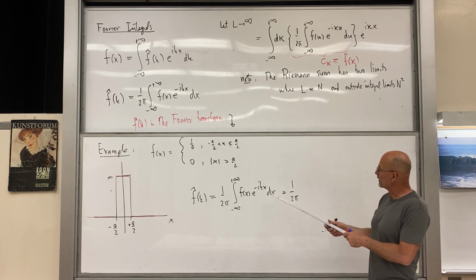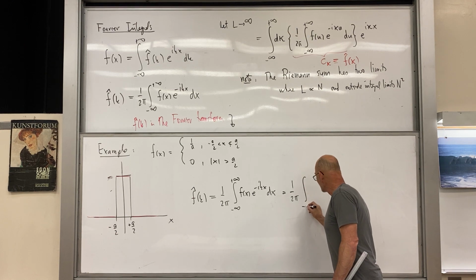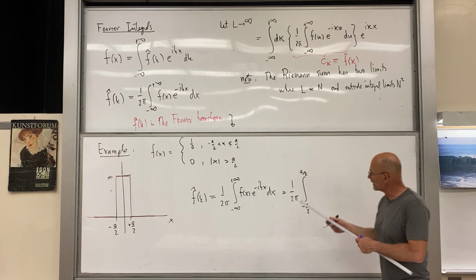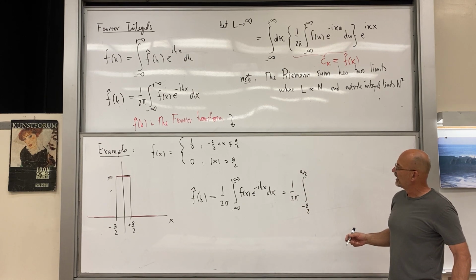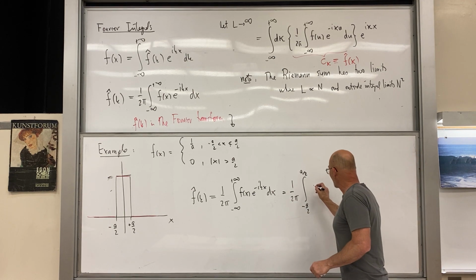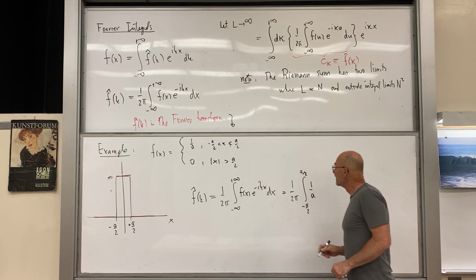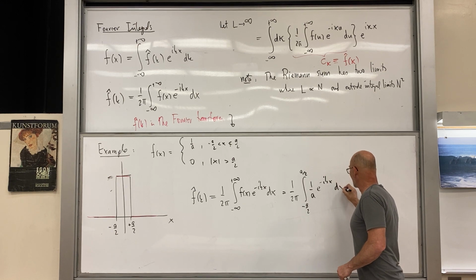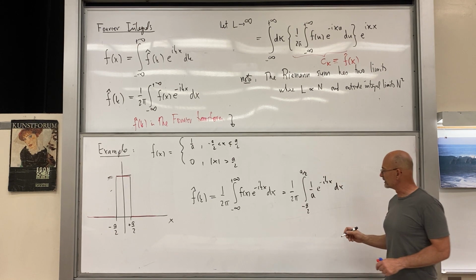Now, it's going to be 0 everywhere except from minus a over 2 to a over 2. So the limits are there, and the function is equal to 1 over a, and we have e to the minus i k x dx. So that's not going to be difficult.